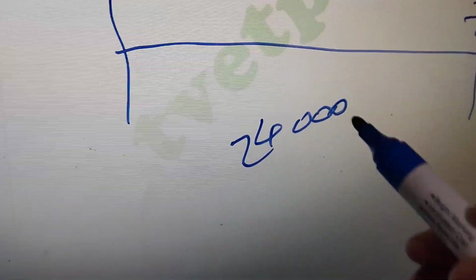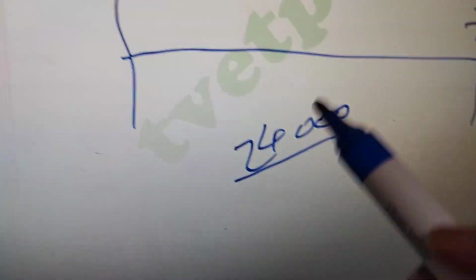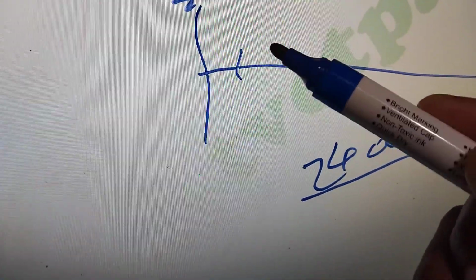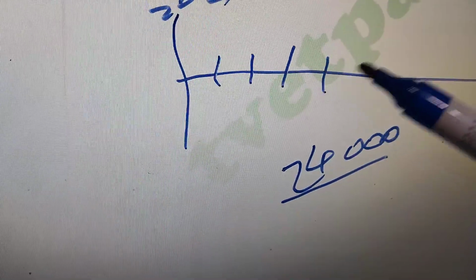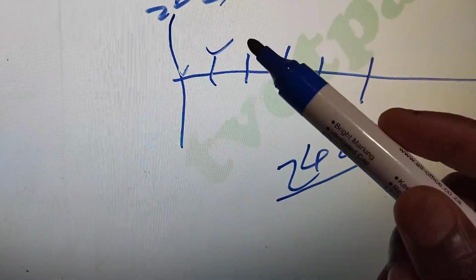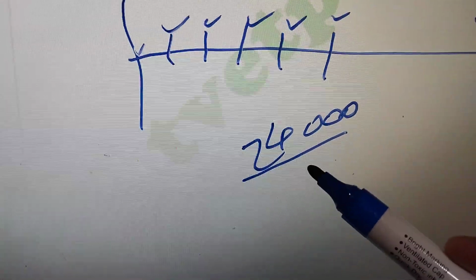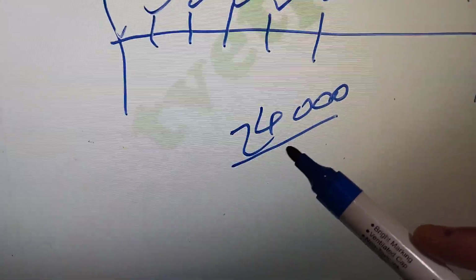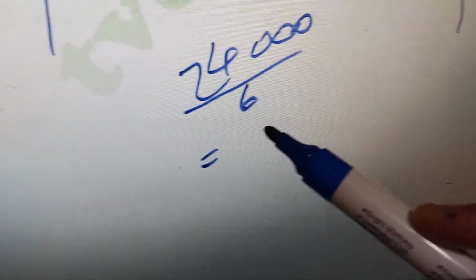So now we have 24,000 as the rent, and then we're going to divide. From July again, we count July, August, September, October, November, December. So how many months? 1, 2, 3, 4, 5, 6. The amount on the trial balance, which is 24,000, represents 6 months.